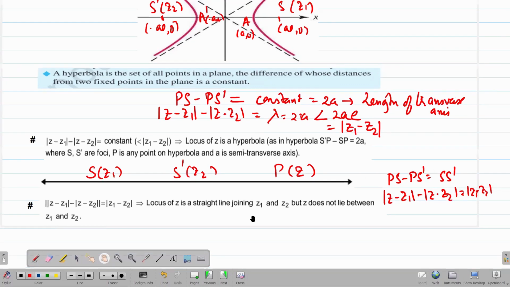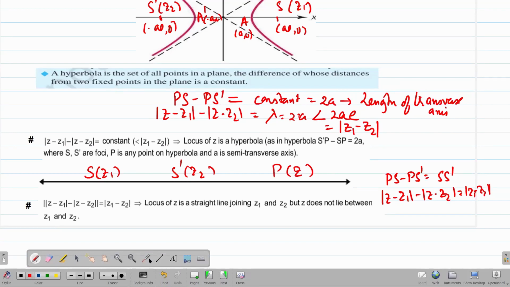Then in this case the locus of z is again a line segment, but here z lies outside S and S'. So the locus of z is a straight line joining the points S and S', z1 and z2, but z does not lie between z1 and z2.